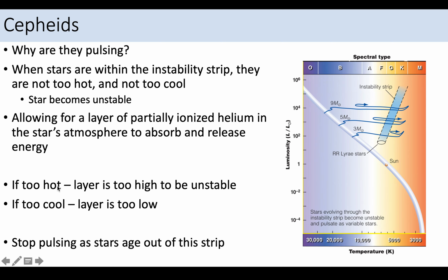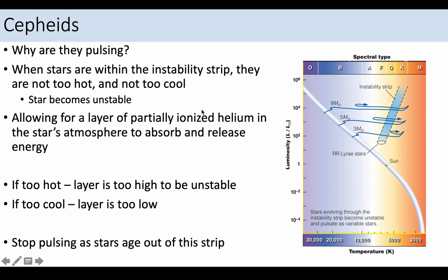If the star's too hot, the layer will be too high. If the star's too cool, then the layer will be too low, and we won't actually see the release and absorption of energy. So the star has to be in this instability strip in order for it to be unstable and react with the helium.